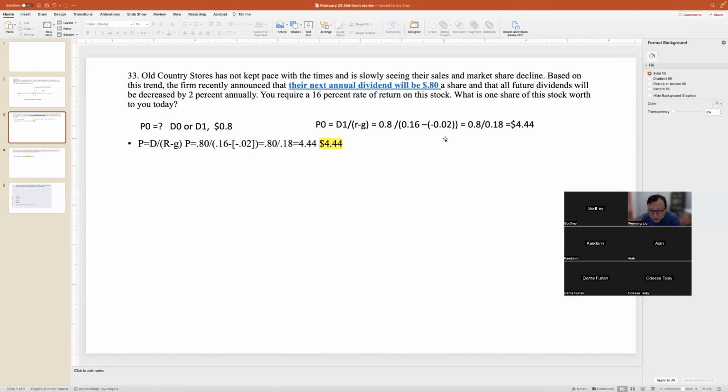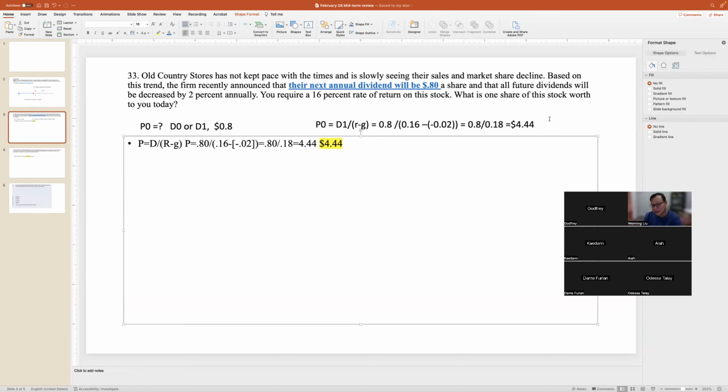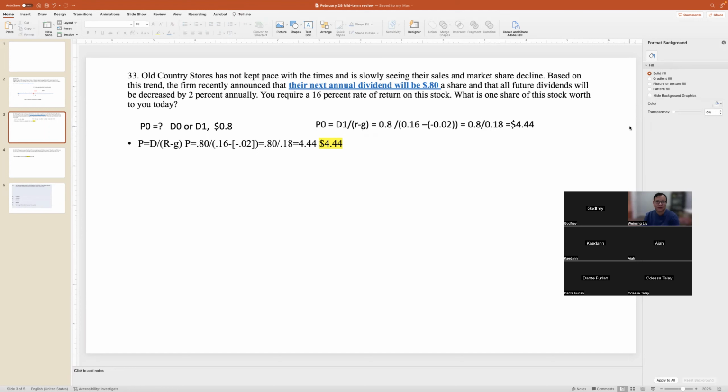That's why 0.8 divided by 0.18. This denominator is quite big, right? If it's a positive growth rate, this denominator will be 0.14, which is 0.16 minus 0.02. Then you should have a higher present value, 0.8 divided by 0.14. In this case, it's decreasing, so 0.8 divided by 0.18, so $4.44.